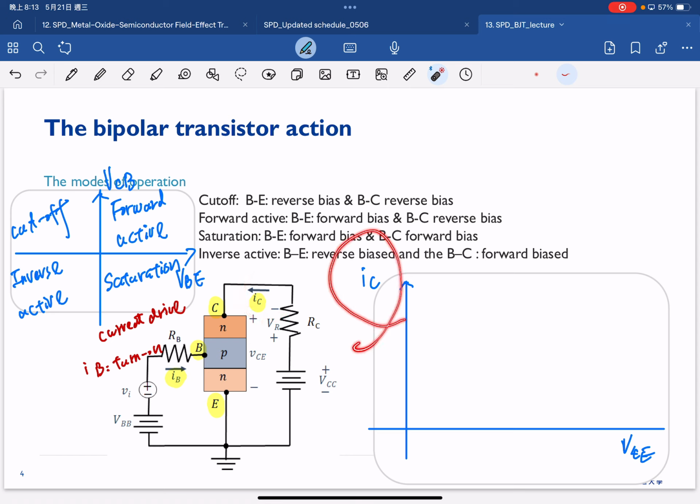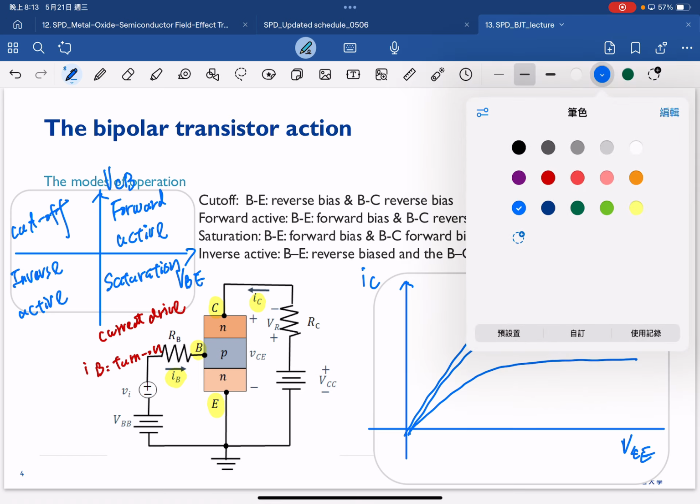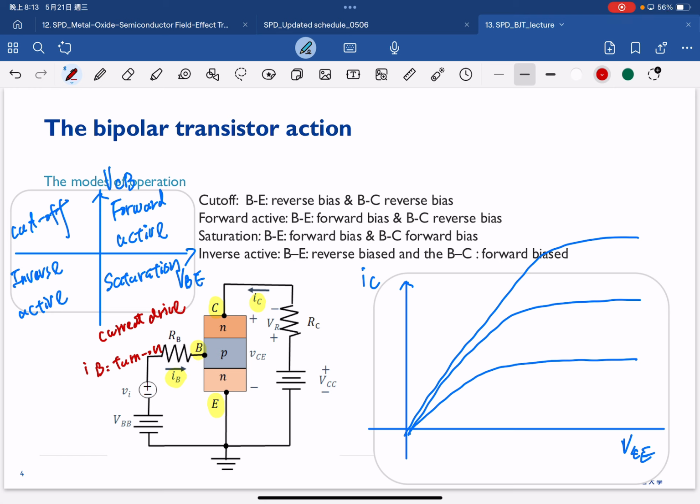So the output characteristic is very similar to the MOSFET, which also has a linear region and a saturation region. And as I said, this is a current drive transistor, so when we increase the base current, we get a higher collector current.